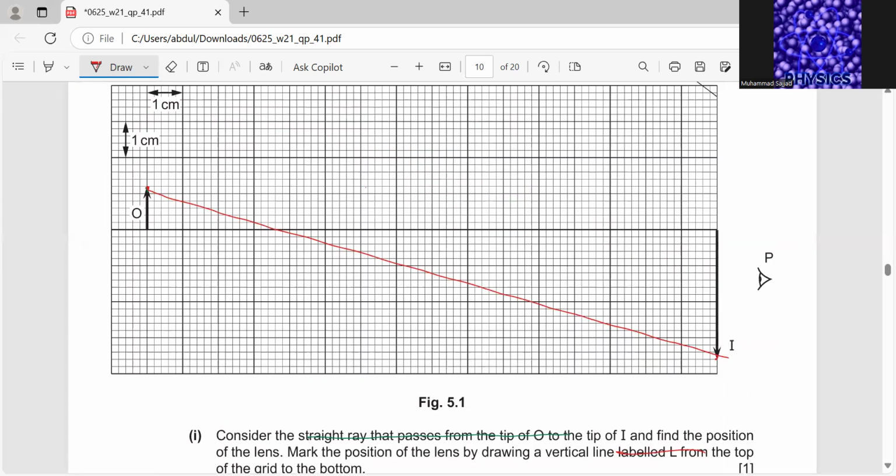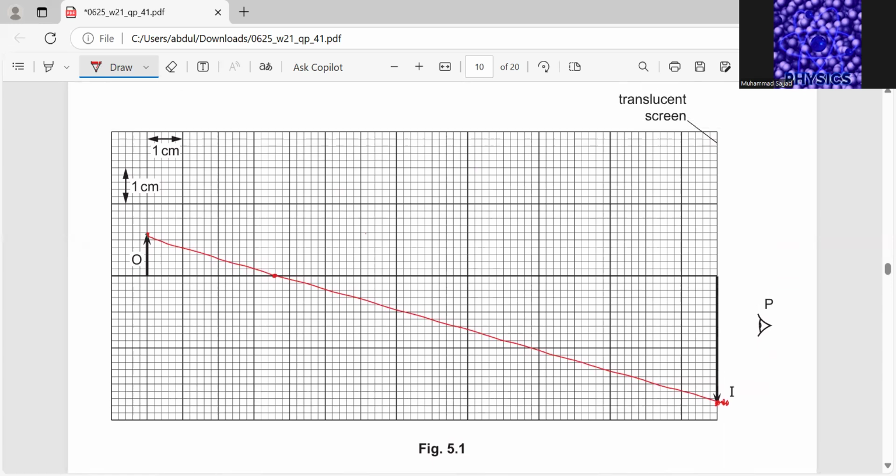So, a straight line from the tip of the object to the tip of the image. The point where the line intersects the principal axis, the horizontal line, is the position of the lens.